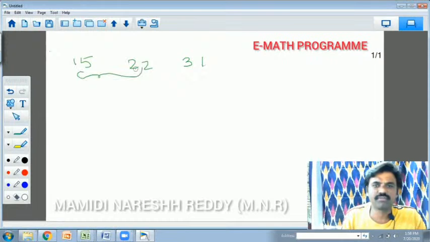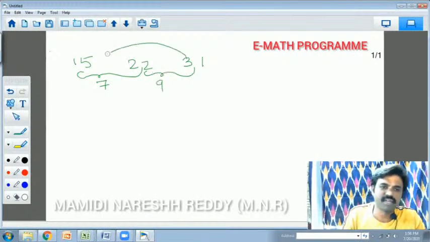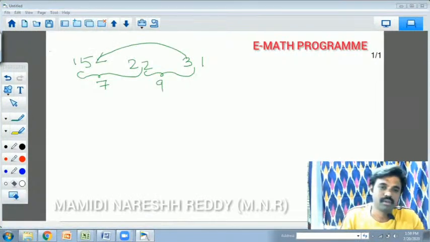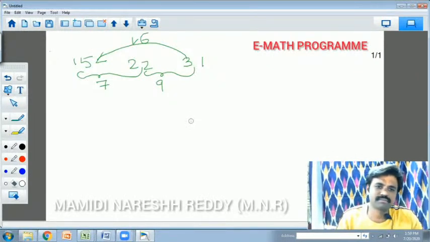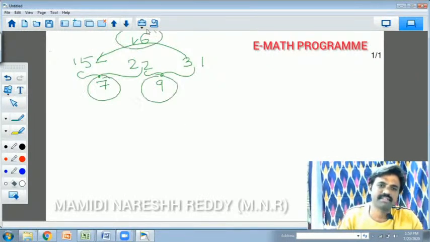The difference of 22 and 15 is 7, the difference of 22 and 31 is nothing but 9, and the difference of 31 and 15 is 16. So here we have got the 3 numbers: 7, 9, and 16.